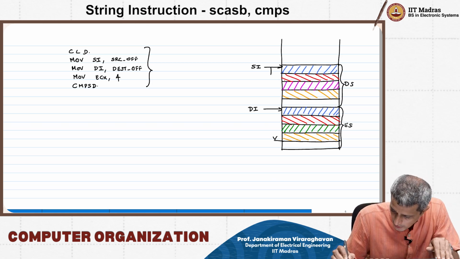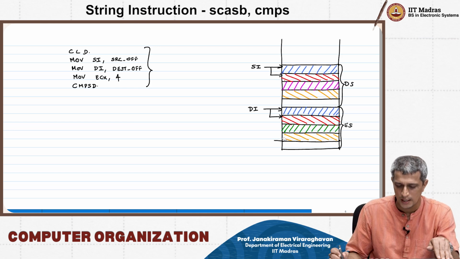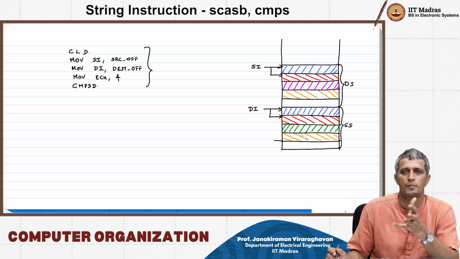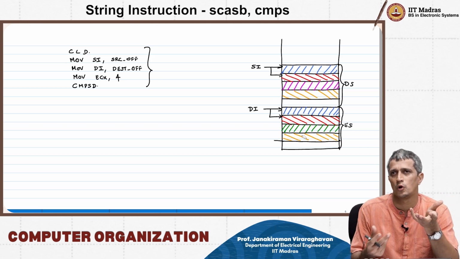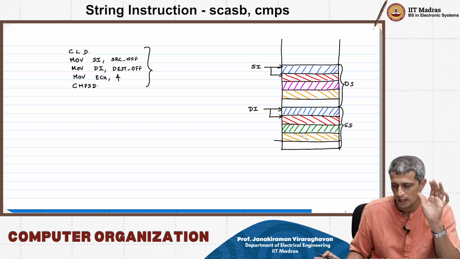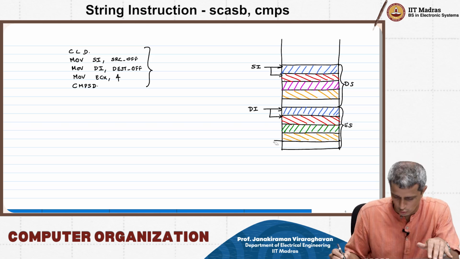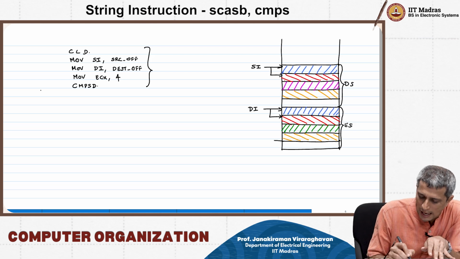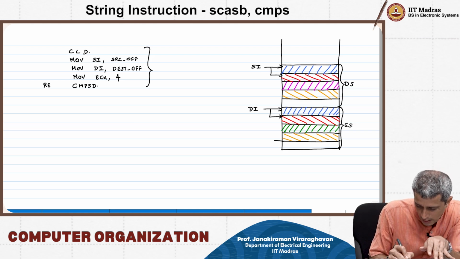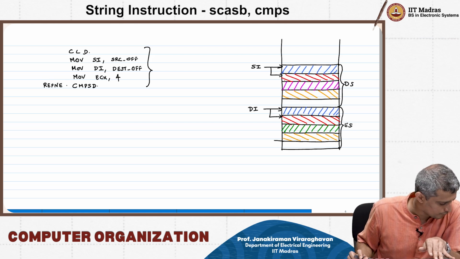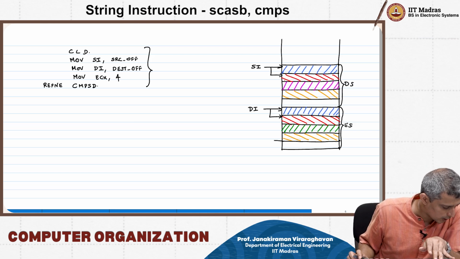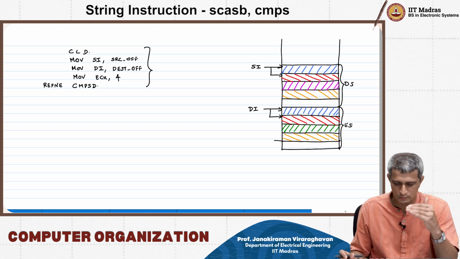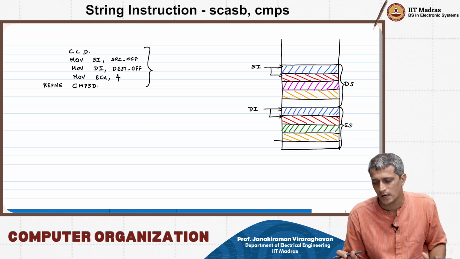My SI will get incremented by 4, DI will get incremented by 4, right, and the compare operation would basically say that, yeah, these two locations are basically the same, right. So, now what you do is, I go ahead and add my prefix REPNE, so that I repeat this whole comparison one after the other.